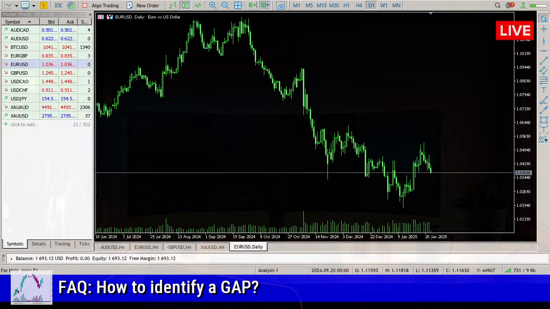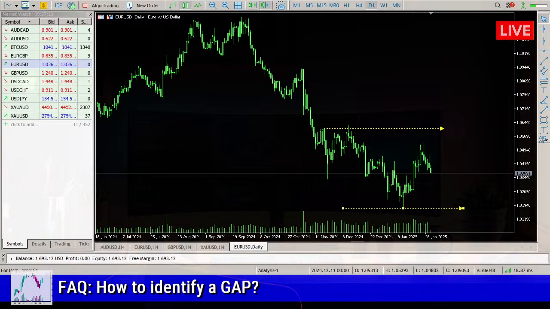So I usually will draw a line where I can see there is a rejection. For example, here for Euro USD, the daily chart, I will mark everything I can see here.